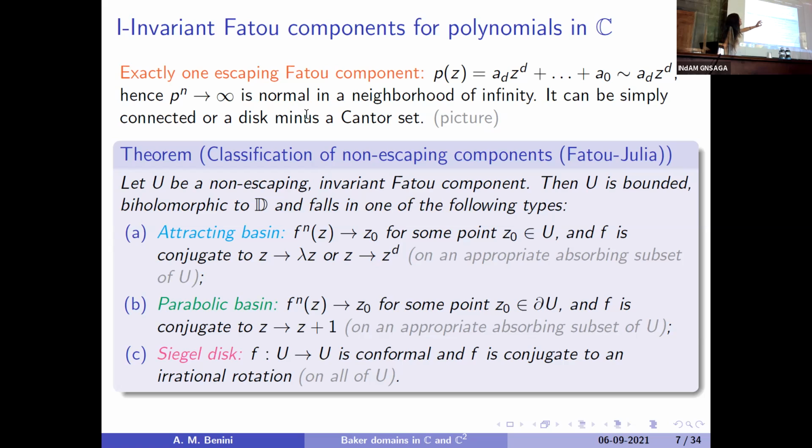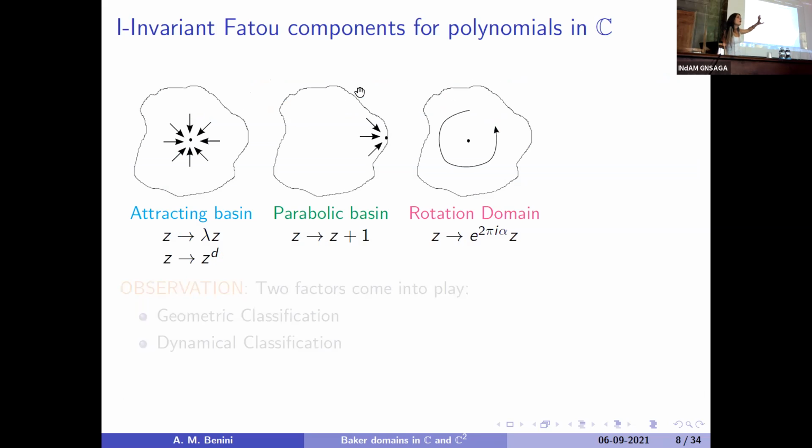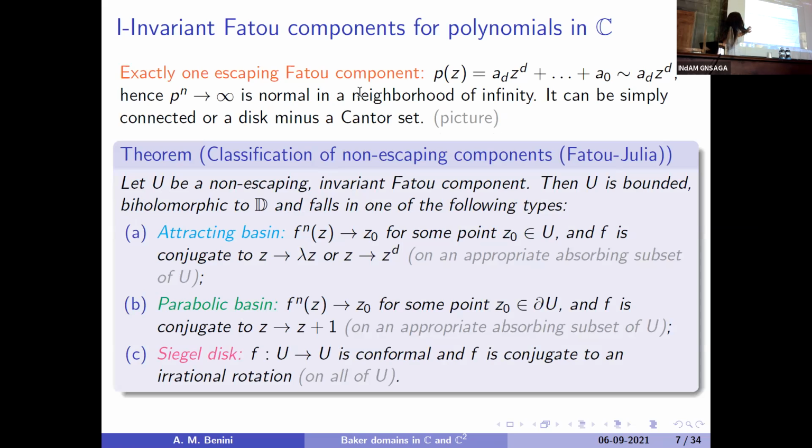And the topology of your attracting basin, of your unique escaping Fatou component, is that it's either a disk or, slightly cheating, a disk minus a Cantor set. Okay, not completely true, but essentially true. For quadratic polynomials, this is true. They're either a disk topologically or a disk minus this Cantor set.